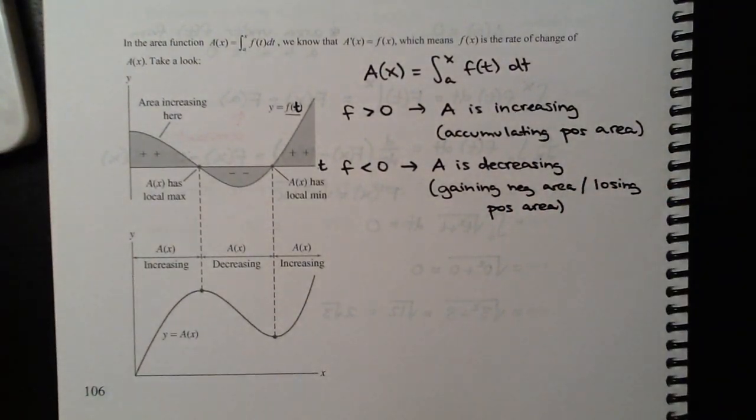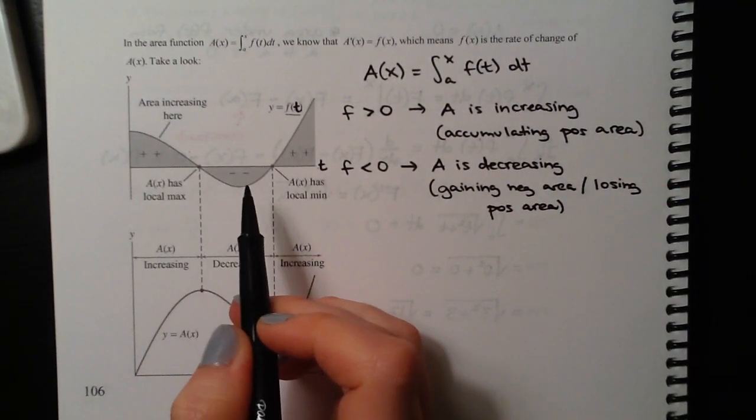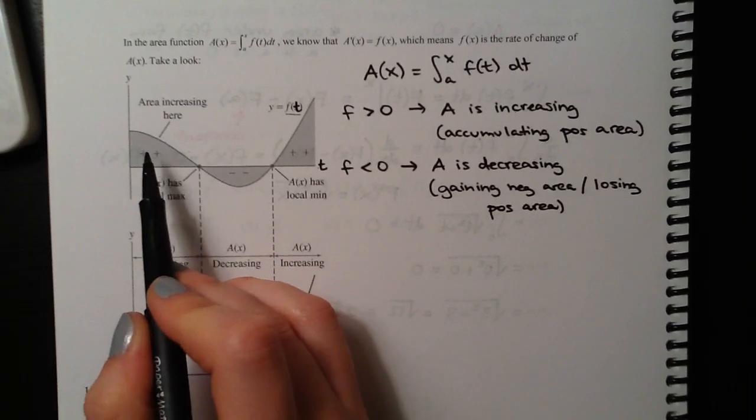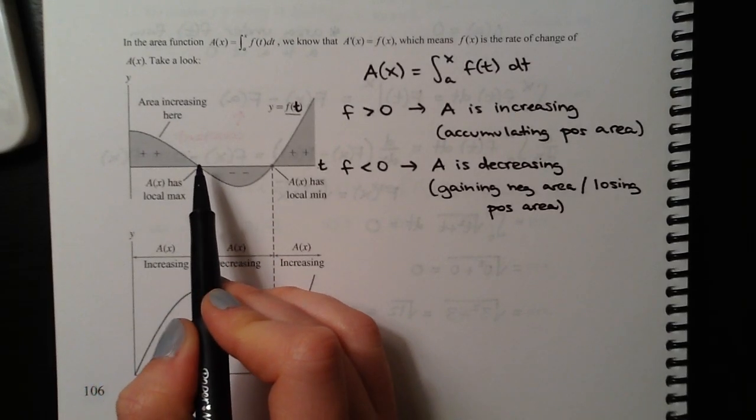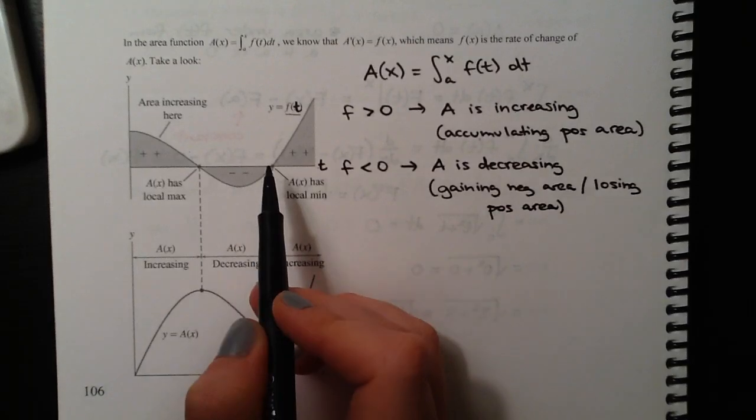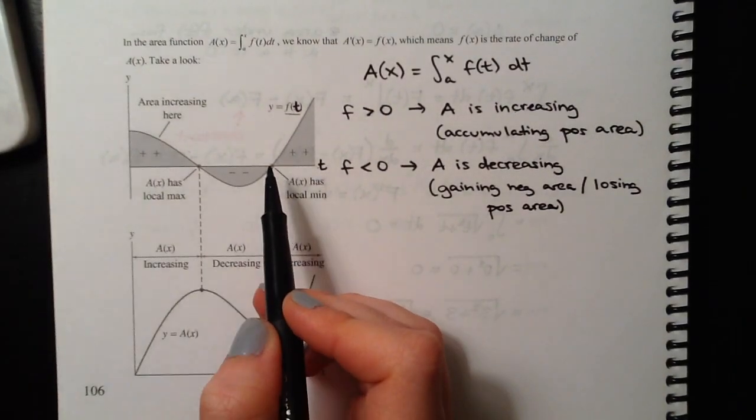Okay, so whatever makes the most sense to you. Remember, we think of anything below the x-axis as negative area. So here I'm accumulating positive area, then I start accumulating negative area, which means my overall area would be decreasing.